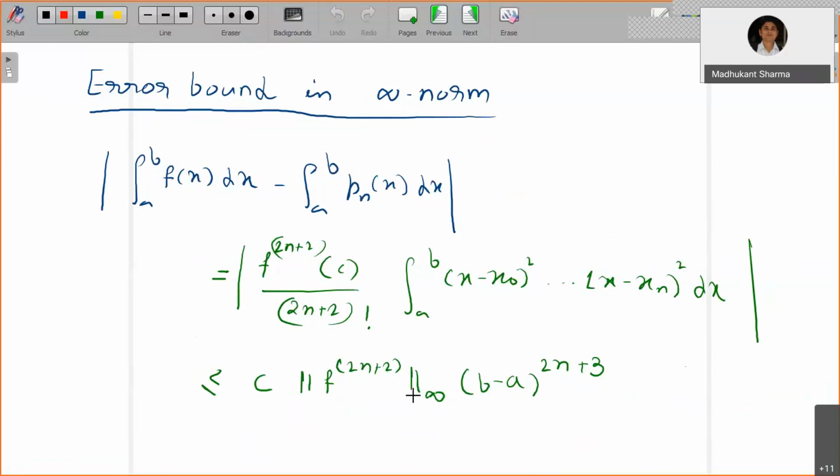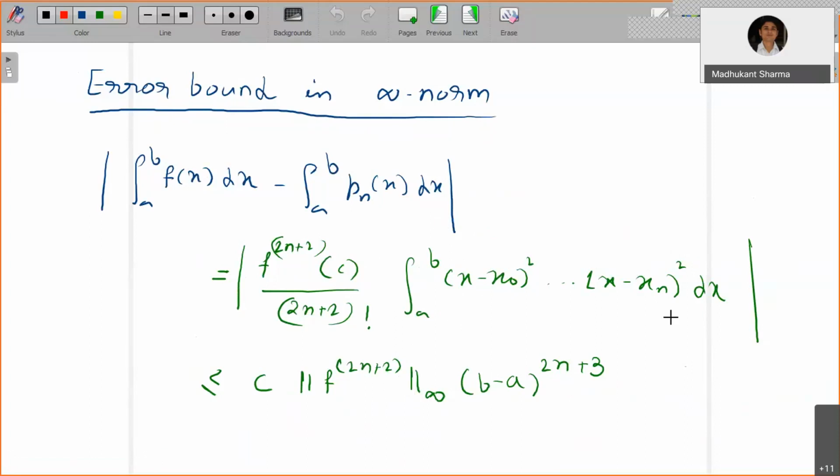Right. However, you can simply integrate this term and you can get the actual error term in the Gaussian quadrature rule. So this is the Gauss n point or n plus 1 point formula.